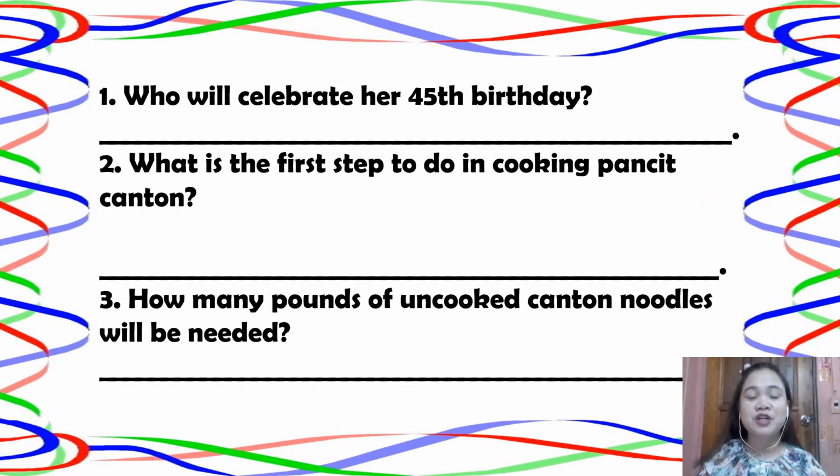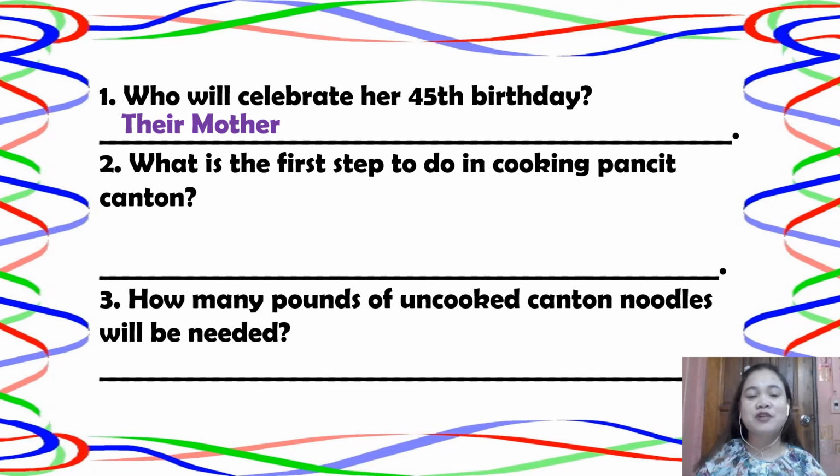Now, after knowing the plan of Anna and her sister about how they are going to cook pancit canton and learning the ingredients and their instructions, let us now answer these questions. Number 1, who will celebrate her 45th birthday? Correct. Their mother.